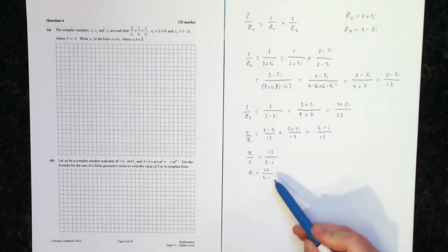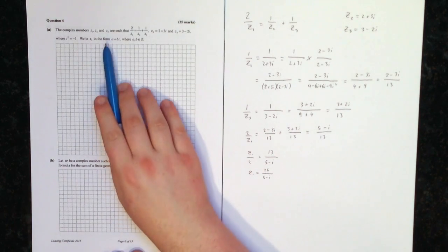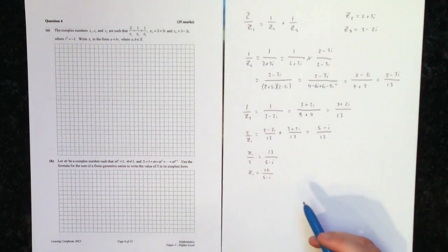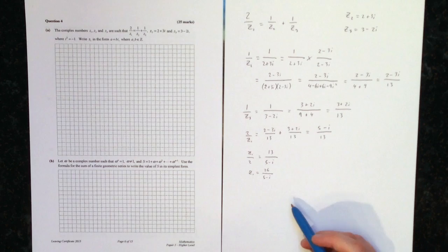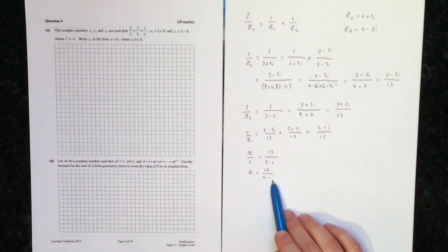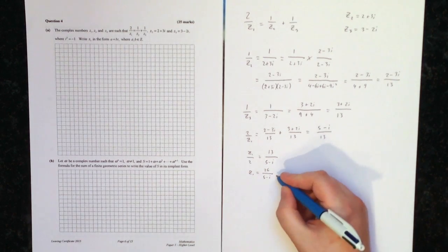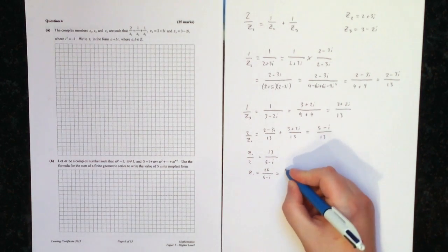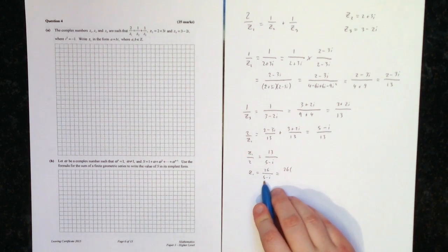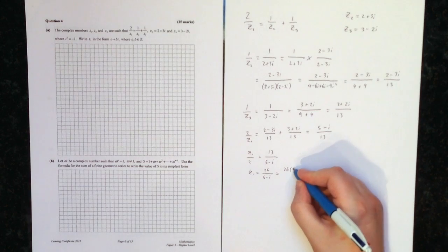So we now have an expression for z1, but it's not in the correct form a plus bi. So to get it that way, we want to do the same manipulation that we did up above, where we multiply both the top and the bottom of this fraction by the conjugate of the complex number. So that's going to be equal to 26 multiplied by the conjugate of the bottom, which is 5 plus i.